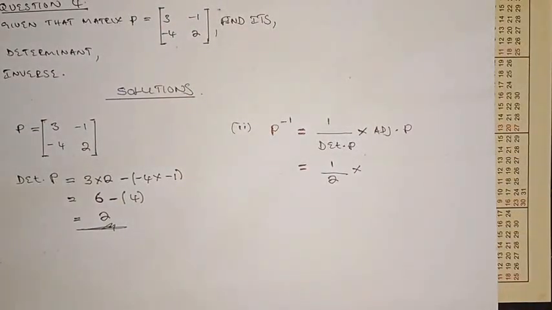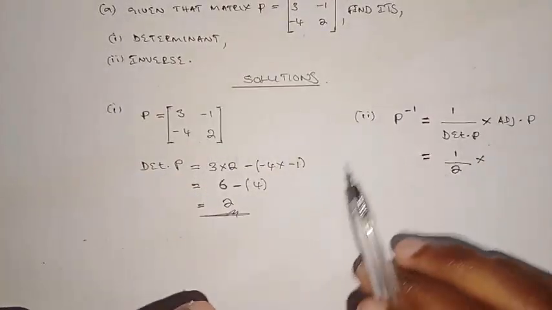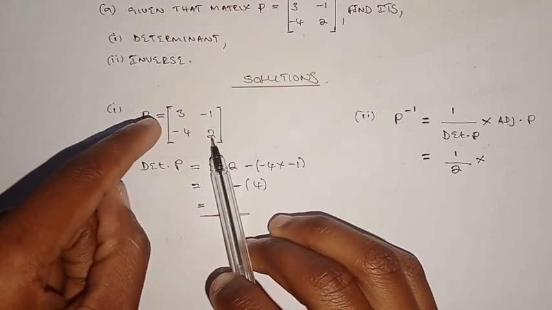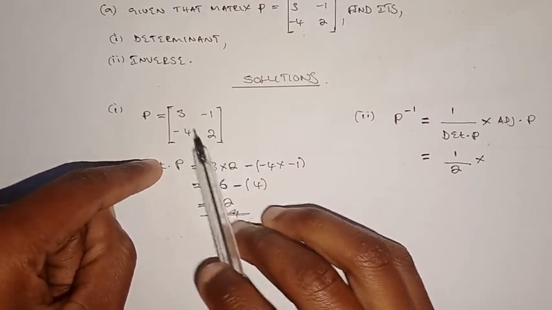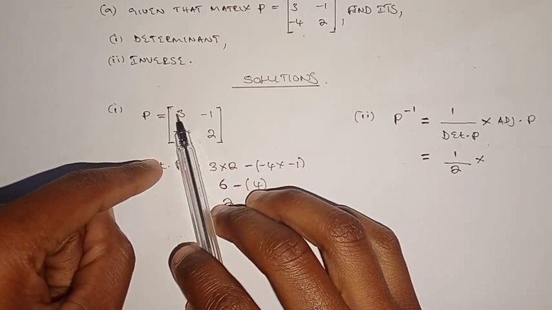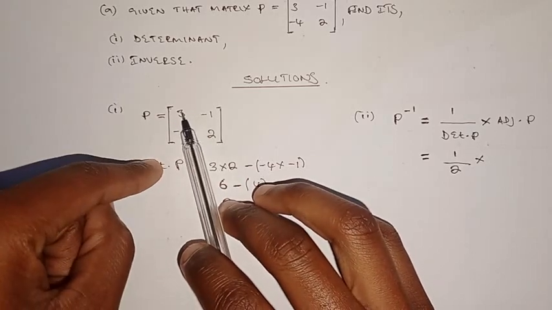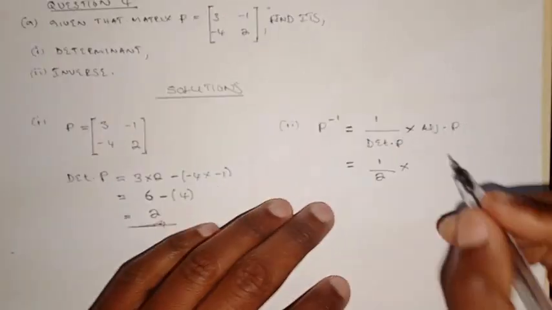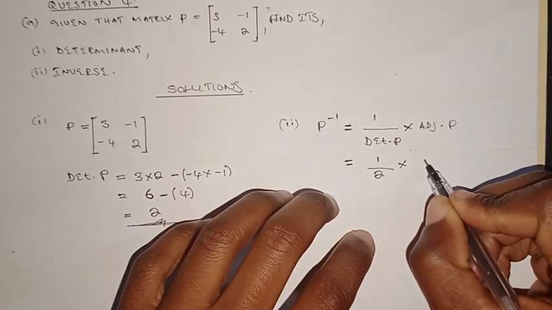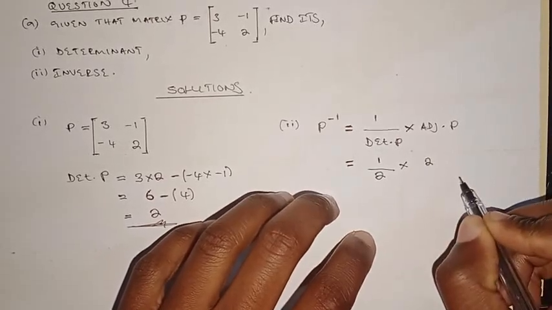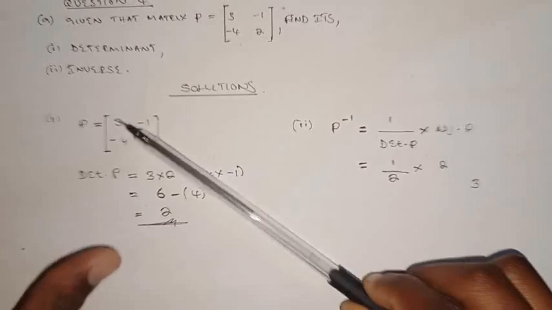So now this is where I need to do some explanation. What it means by adjoint, it means that we have to interchange the elements in the leading diagonal. So where there is a 3, we're going to put a 2. Where there is a 2, we are going to put a 3. So as you can see, here where there was a 3, we're going to put a 2. So here where there was a 2, we're going to put a 3. So that's for the leading diagonal.